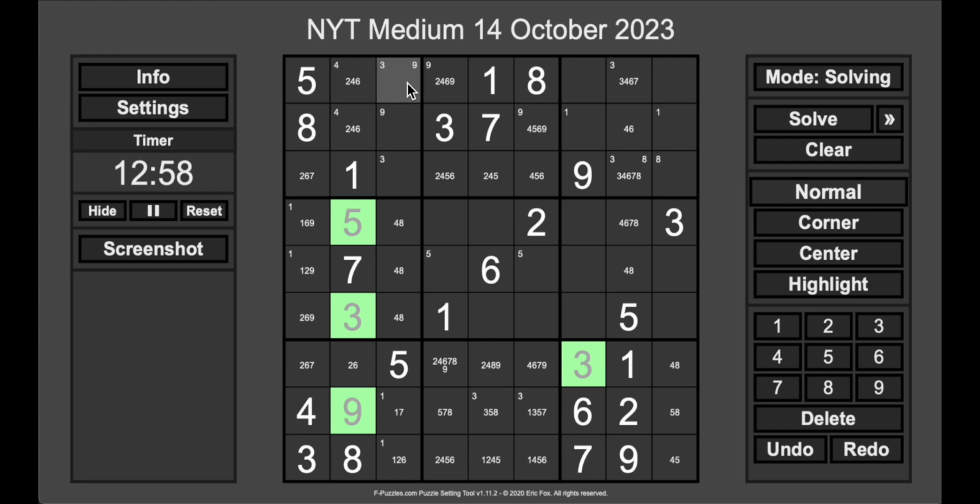Well, let's see. Column 7. What can I do? What can I do there? I've got 3, 6, 7, 9. I need 1, 2, 4, 5, 8. That's not 1, 5, or 8. Okay, this isn't 8. It still could be 1, 2, 4, or 5. And these ones out of 1, 2, 4, 5, 8. Well, that's not 1 or 5.